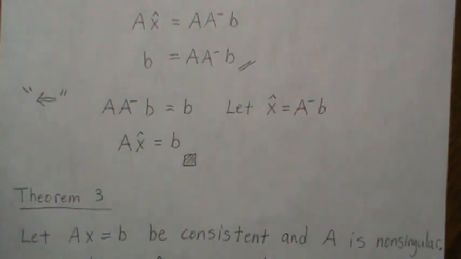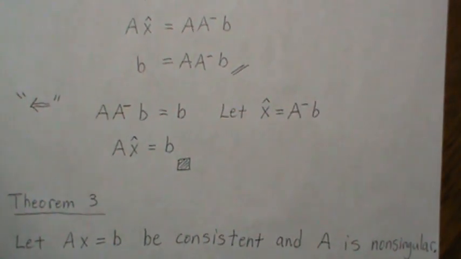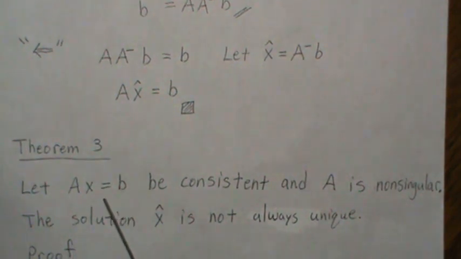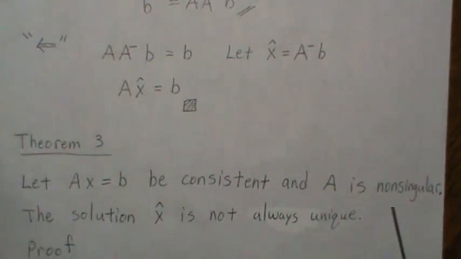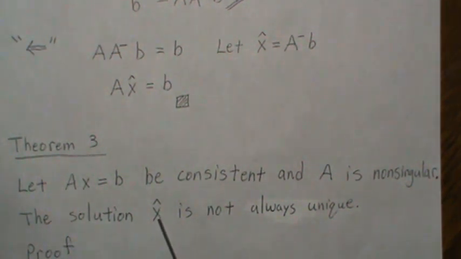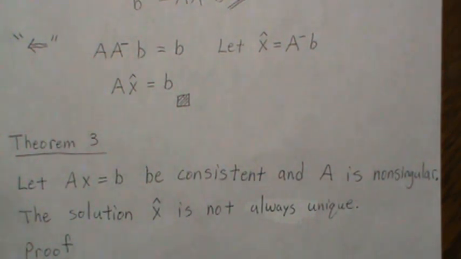Now we want to show that a solution in this setting is not always unique. We have a system of equations and it's consistent. The solution X hat is not always unique. When we say not always, it can be, depending upon the properties of A, and actually the properties of the generalized inverse. But in this video, it's very generic.